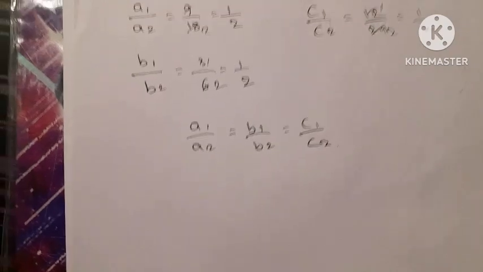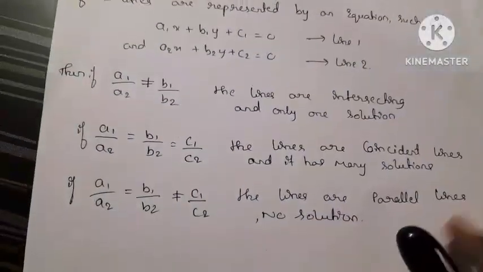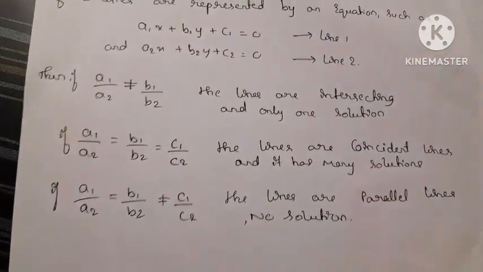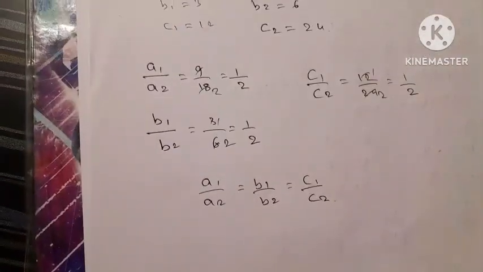So in this condition, from the previous part, we know that the lines are coincident lines and it has many solutions, or you can say an infinite number of solutions.